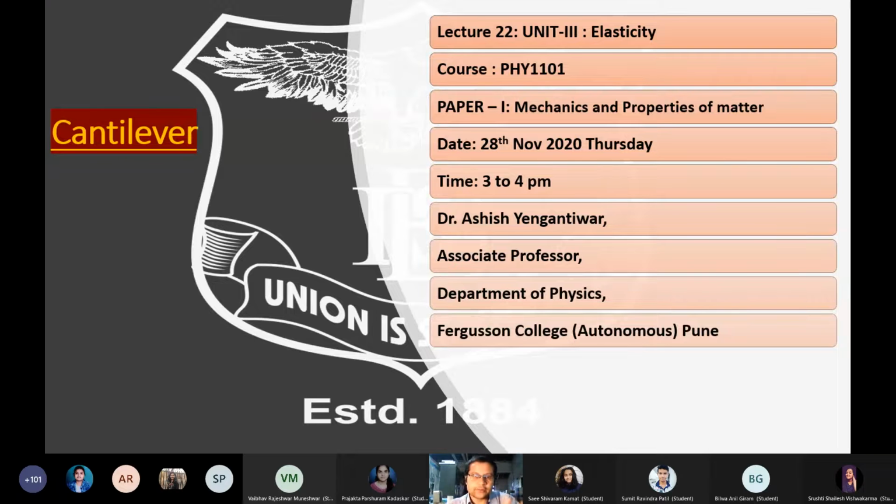This kind of beam position we call a cantilever. So a cantilever is just like a horizontal beam which gets bent because we put some weight at one end and keep the other end fixed. That's the definition of a cantilever.